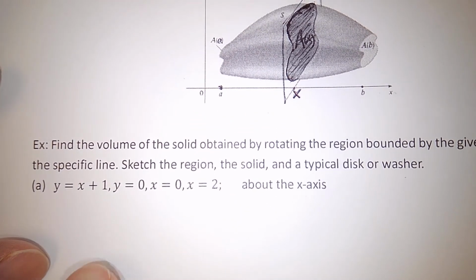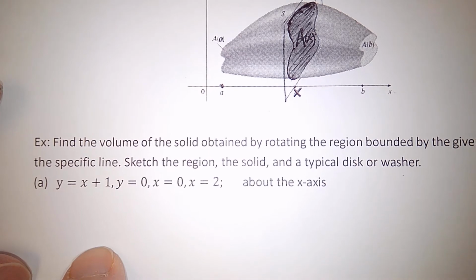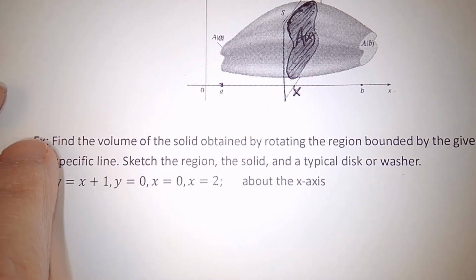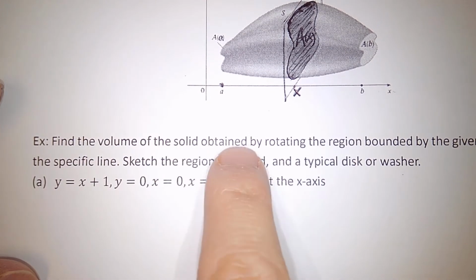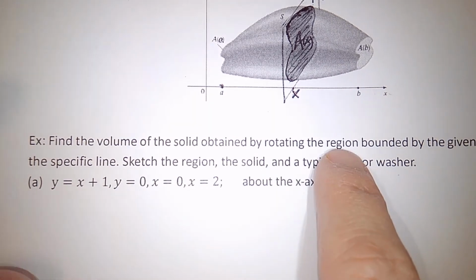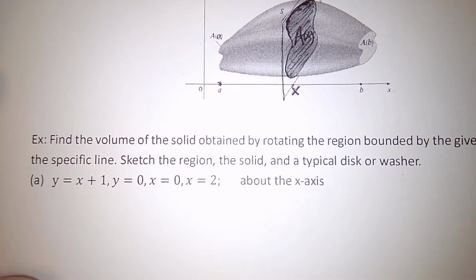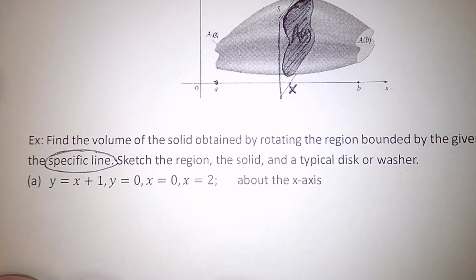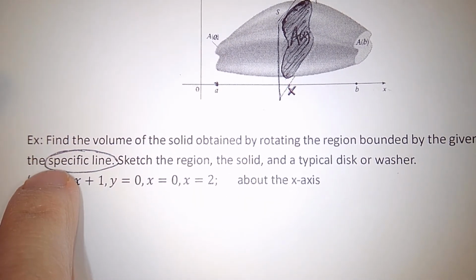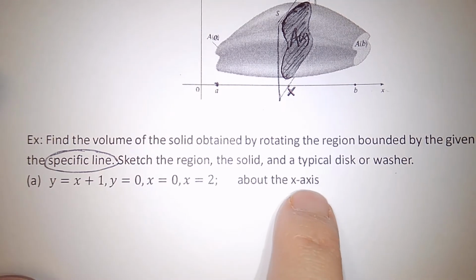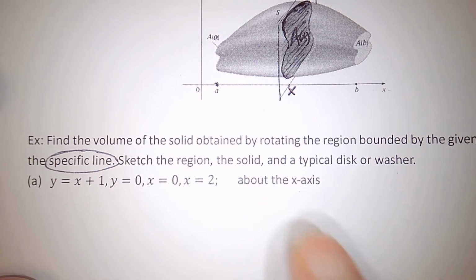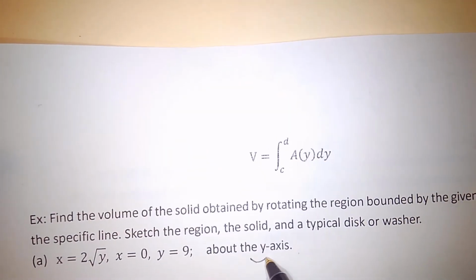In your exam, you will be tested with very similar questions. I'm going to give you a question like: find the volume of a solid obtained by rotating the region bounded by the given curves about a specific line. For the specific lines, I'm not going to give you very hard questions. The specific line will either be the x-axis or the y-axis.